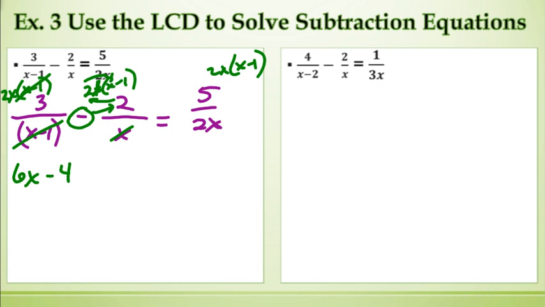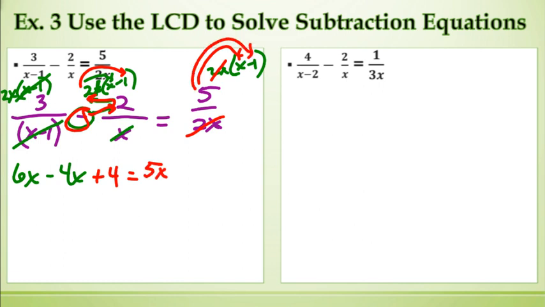It's a negative 4x. Negative 2 times 2 times a negative 1. So negative 4 times a negative 1 is a positive 4. And then I have my equal sign. The two x's cancel out. 5 times x is 5x. 5 times a negative 1 is negative 5.